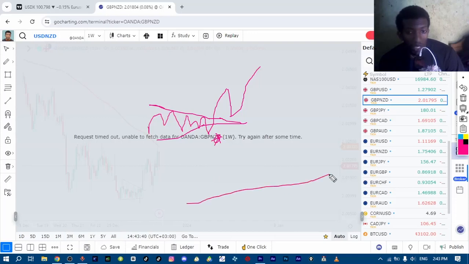And mostly there will be some kind of trend. So you draw that trend, and you wait, and you determine, you relate, right? Relate if it supports the price or if it resists the price.